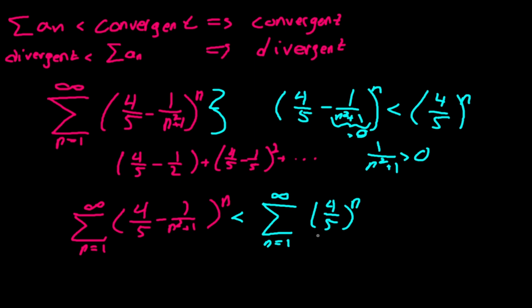And look at this. This is the same as one of the series that we said we know whether it converges or diverges. This is r, right? So we would say r is equal to 4 over 5, which is less than 1. And because we have that, we know that this series here converges. It converges to some finite value.